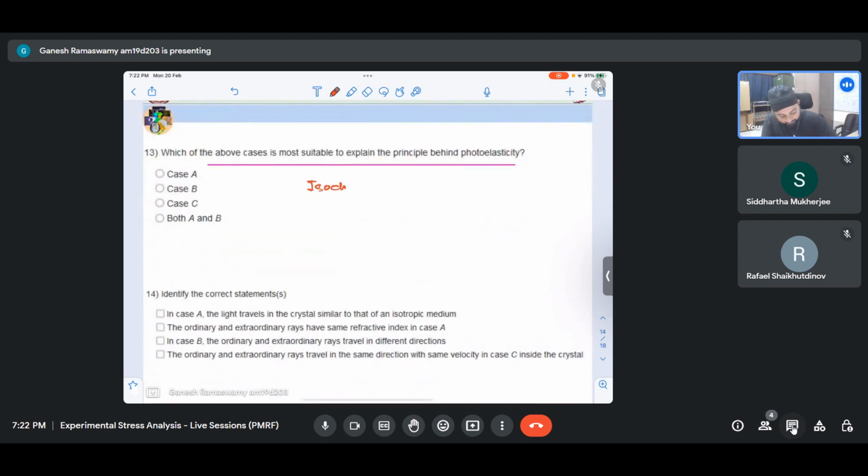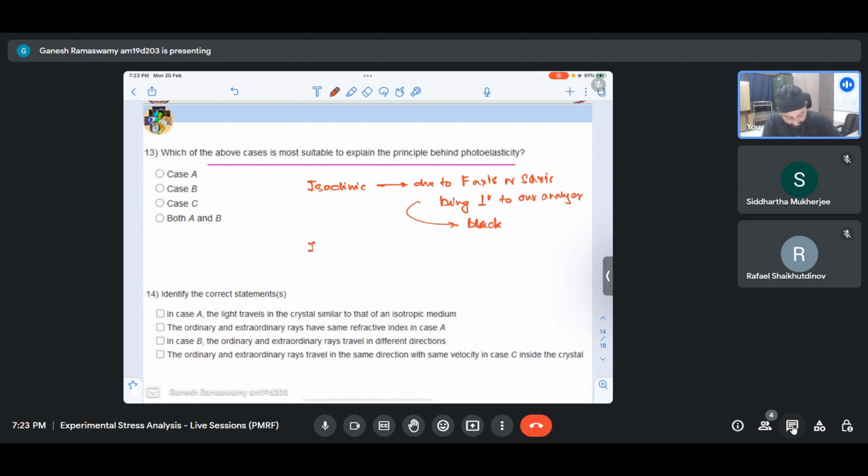Isoclinic is due to the fast axis or slow axis, whichever that is, being perpendicular to our analyzer. And this is invariably black or dark. We won't see any light, as it is getting cut there.